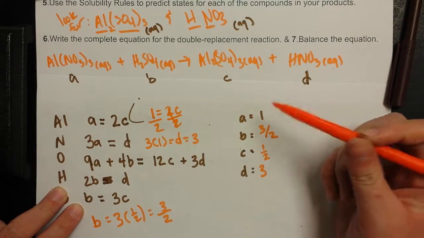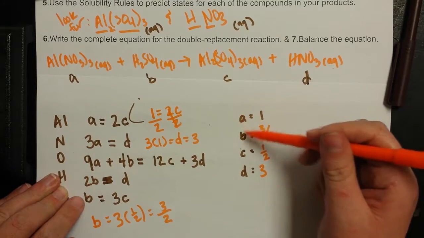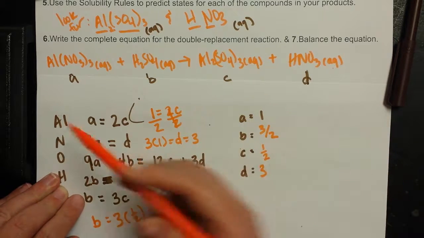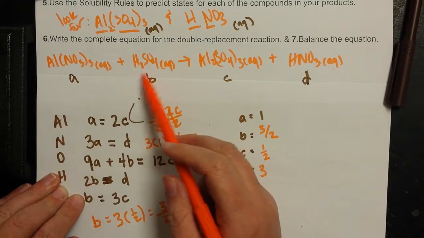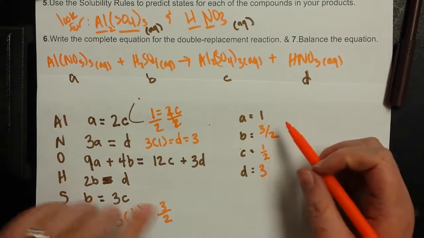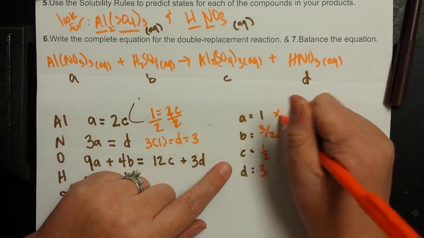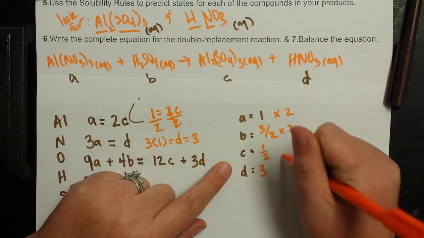Okay. So this is the right proportion, or the right ratios of A to B to C to D, or of aluminum nitrate to hydrogen sulfate to aluminum sulfate to hydrogen nitrate. Okay. Remember, you can't have half numbers, so you're going to multiply everything by 2 to correct it.